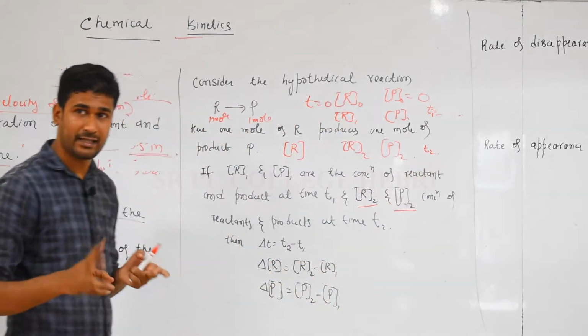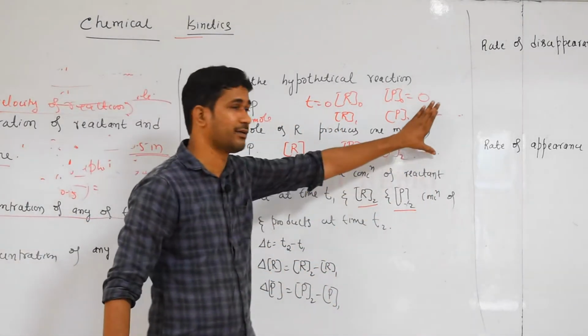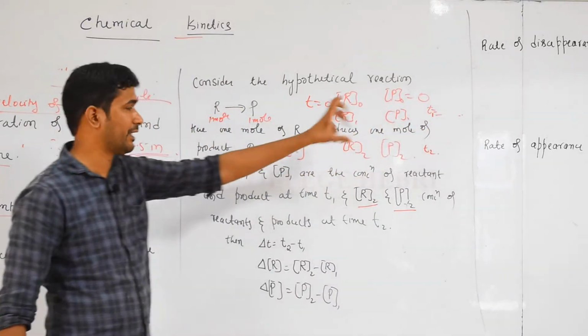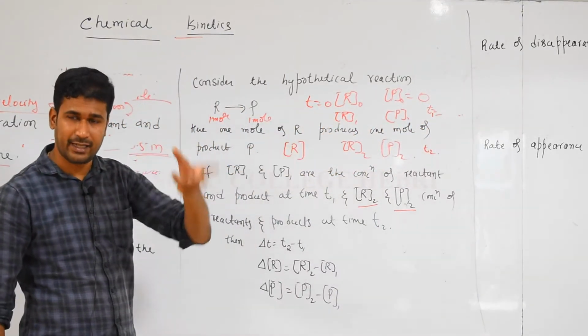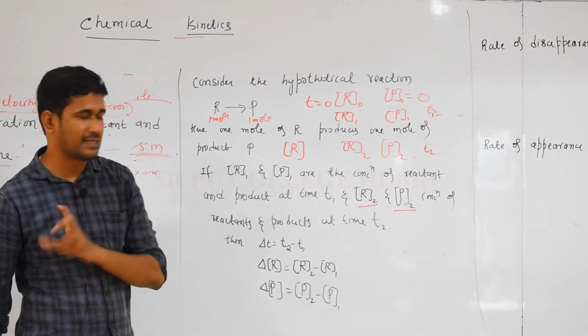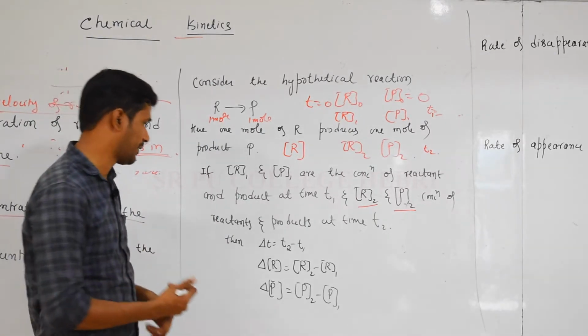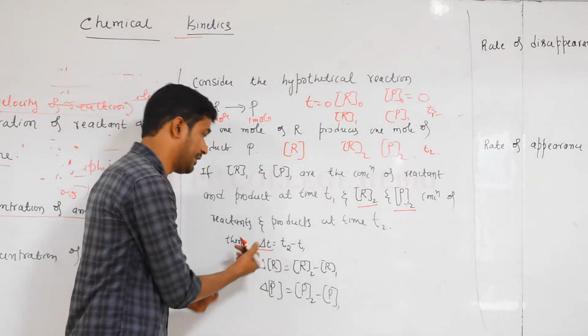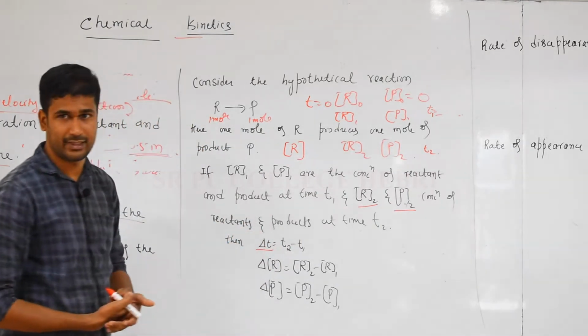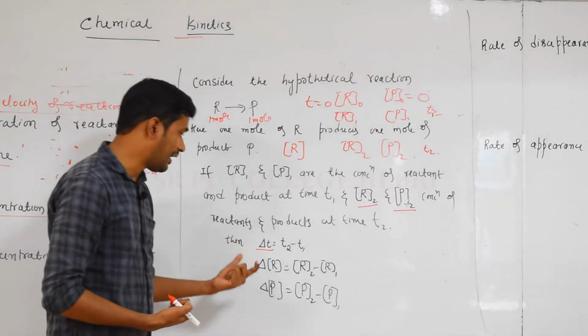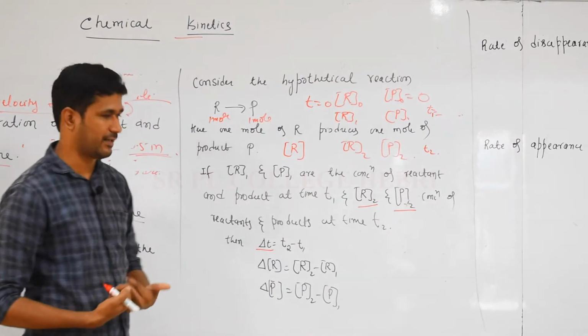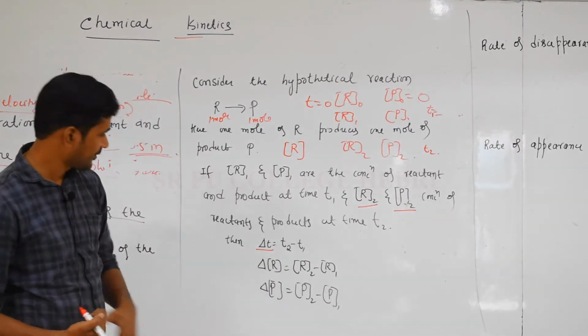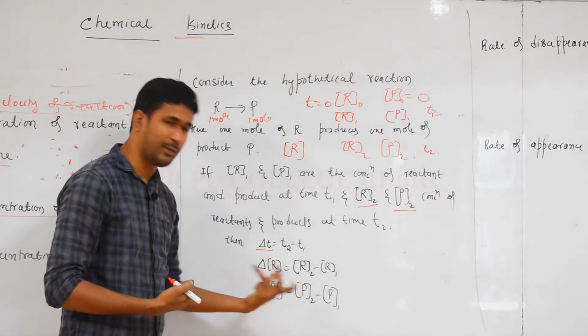Now we have to find the rate of the reaction in this time interval. How much change has happened in this interval, between 8 seconds and 10 seconds? We have to calculate that. We write delta t, the change in time, as T2 minus T1. Delta R, the change in concentration of reactant, is R2 minus R1. Delta P is P2 minus P1.